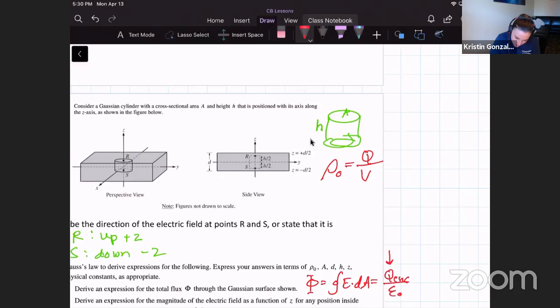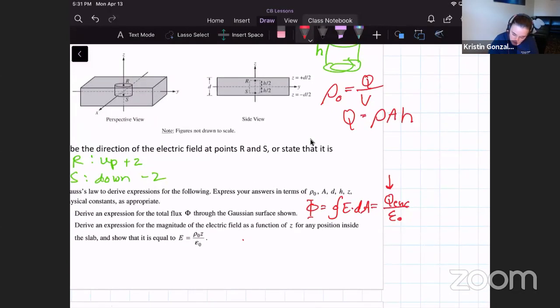It is H over 2 here and H over 2 here, so that's just H. So I can say really Q is equal to rho times the area times the height. So if we plug that in here, then our Q enclosed is going to equal rho naught times A times H over epsilon naught.